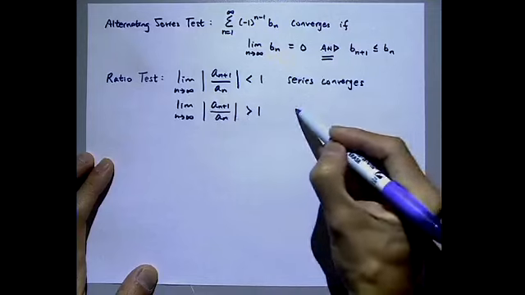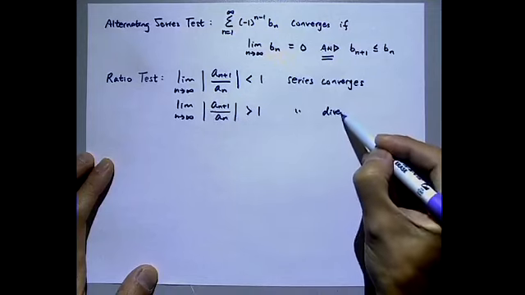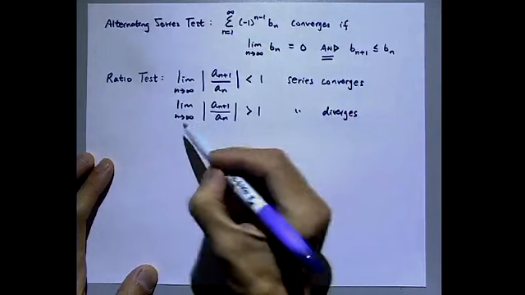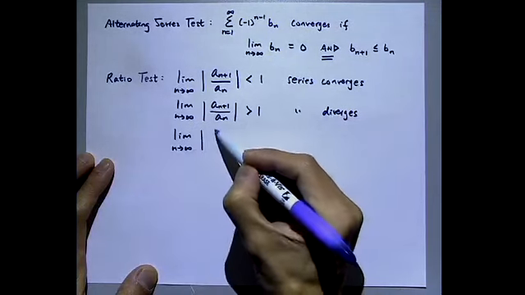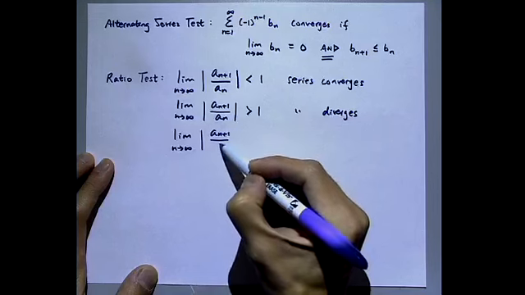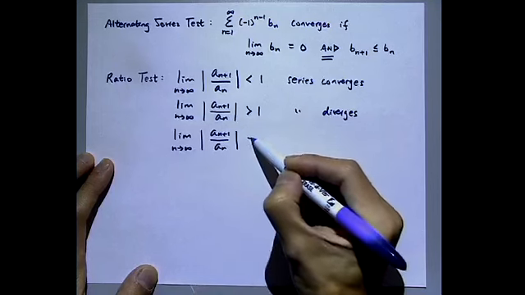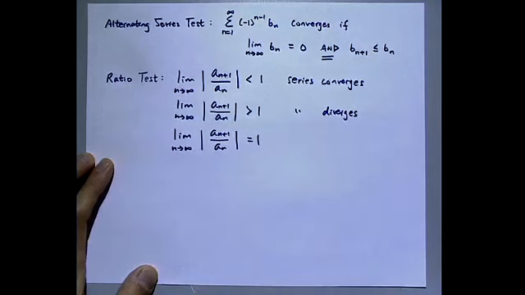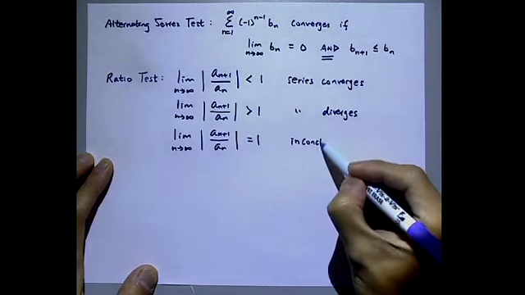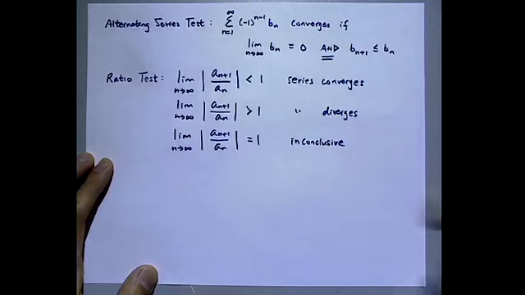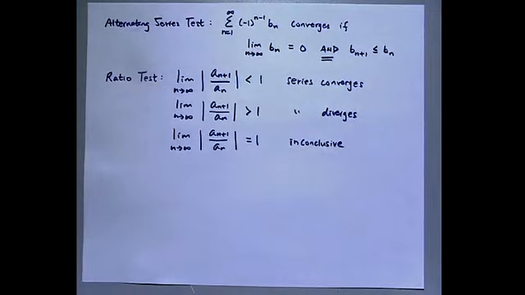Greater than 1, the series diverges. Exactly equal to 1, then the test is inconclusive. We have to find another test to use to determine what the series is doing.